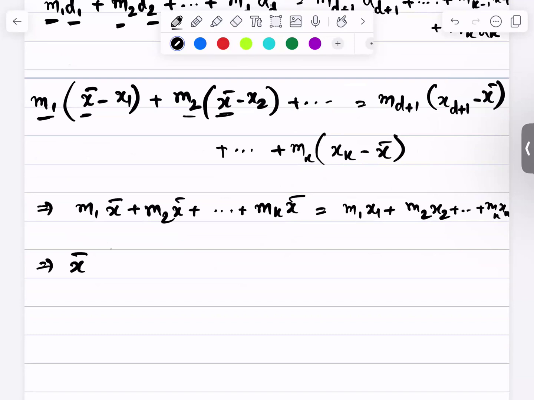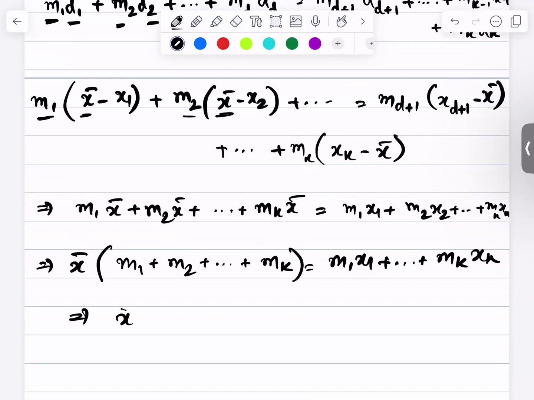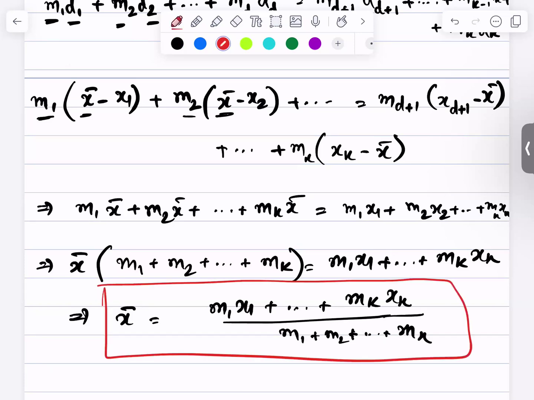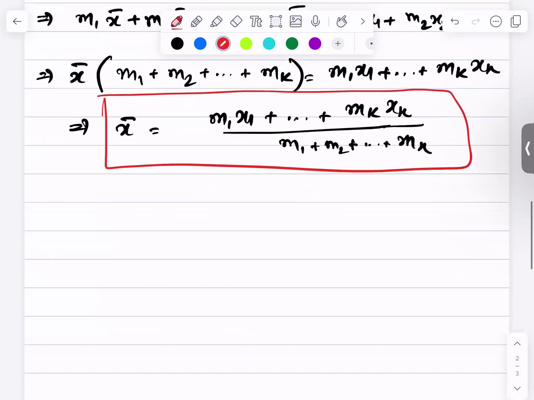If I factor out x bar, then I'd have m1 plus m2 plus so on plus mk times x bar equals m1 x1 plus so on mk xk. And this implies x bar is m1 x1 plus so on mk xk over m1 plus m2 plus so on mk. So this is the formula that we need basically to solve problems.